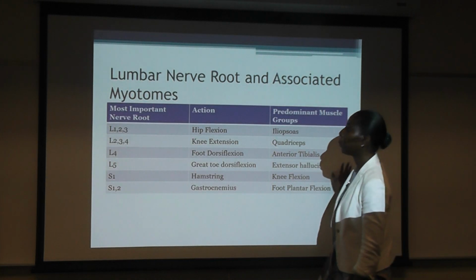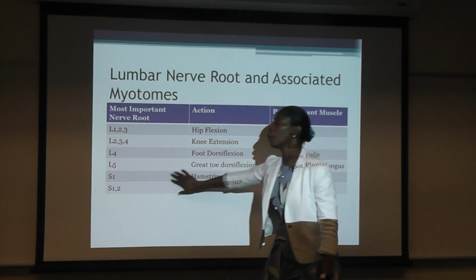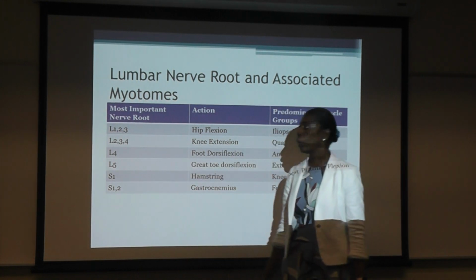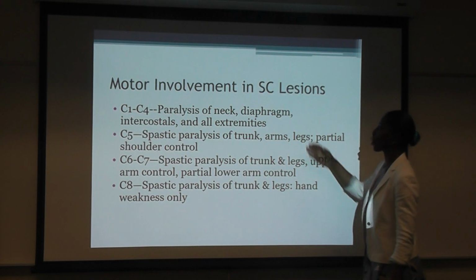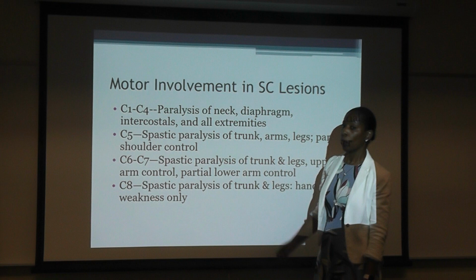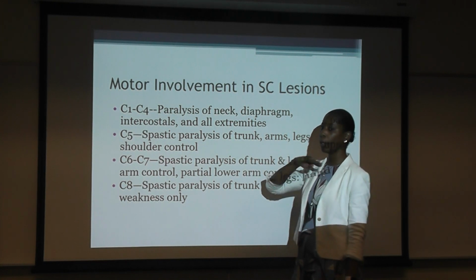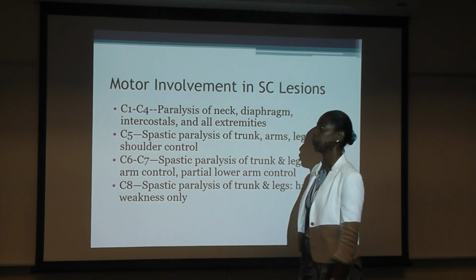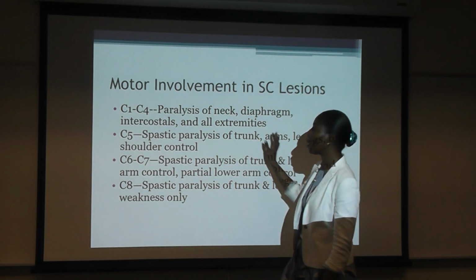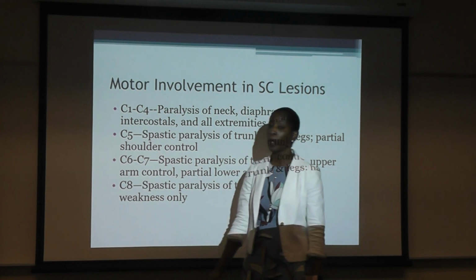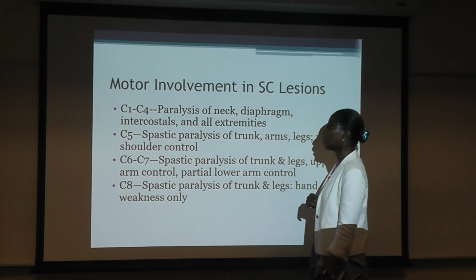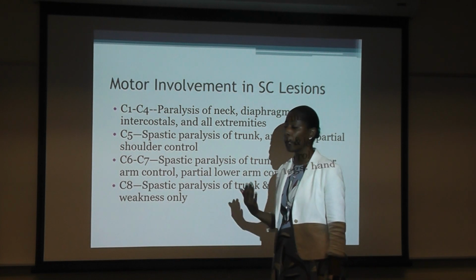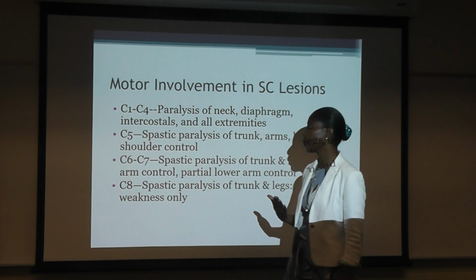So, very important, again, these are your myotomes and dermatomes that are associated with the nerve roots. Now what we're moving on to is if there's a spinal cord lesion. Remember, with a spinal cord lesion, there will be weakness or paralysis below the level of the lesion, okay? Anything above C4, usually your diaphragmatic muscles are implicated, and this person probably needs a trach and permanent respiratory support, okay?